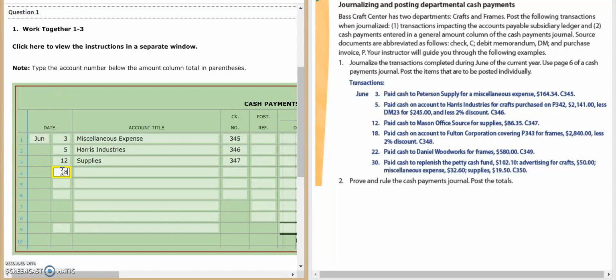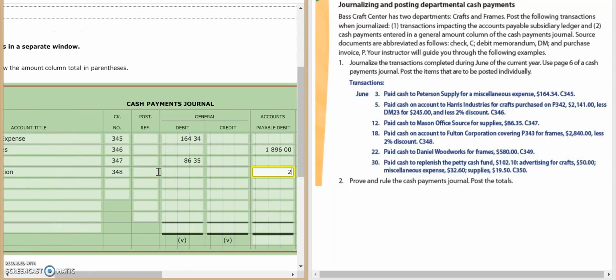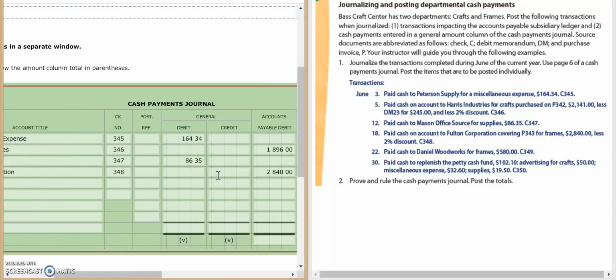All right, now on to the 18th. We paid cash on account to Fulton Corporation covering purchase invoice 343 for frames, 2,840 less a 2% discount. So here, notice it doesn't say anything that we had any returns. So let's plug in Fulton Corporation here, and 348 is our check number. So we owe them a total of $2,840, but that's not the amount that we're going to pay because we're going to take advantage of some of our discounts here.